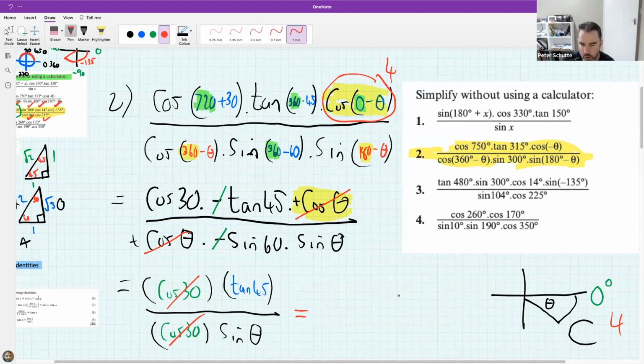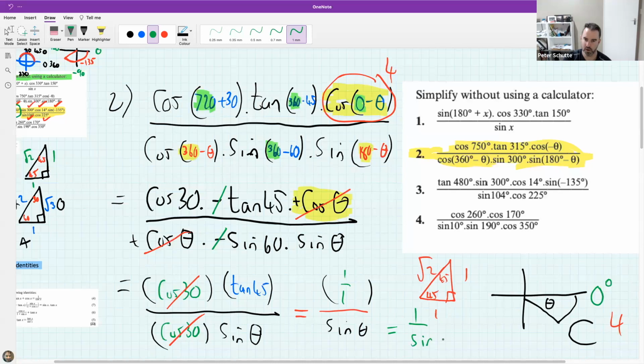And that's a little bit quicker because now I only need to use the one special triangle. So I'm going to have the sine of theta on the bottom. And what am I going to have here? What is the tan of 45? It's 1 over 1, which is 1. So my final answer is just going to be 1 over sine theta.